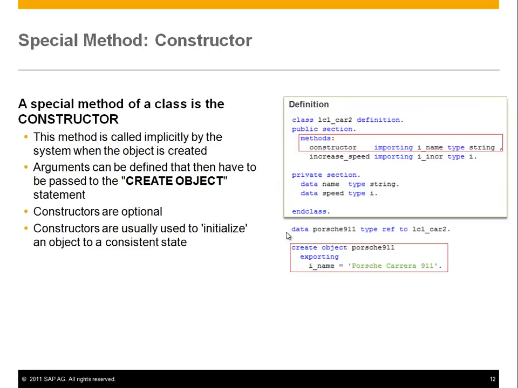Now there's a special method called the constructor. And this method is called implicitly by the system when an object is created. So if you say create object and the class that you're creating has a constructor defined, it will be implicitly called. And now you can also define parameters on this constructor, which means that if the parameter is defined, then you pass it on the create object.